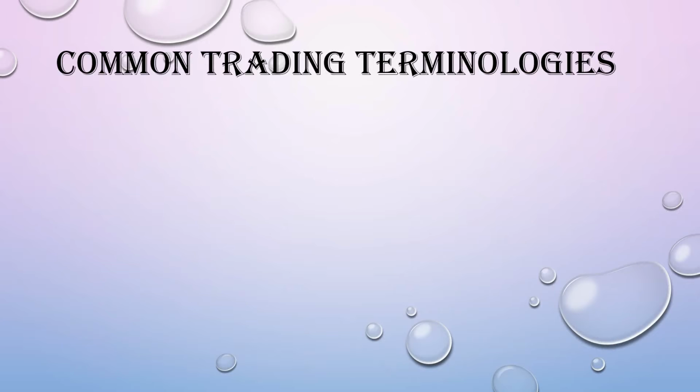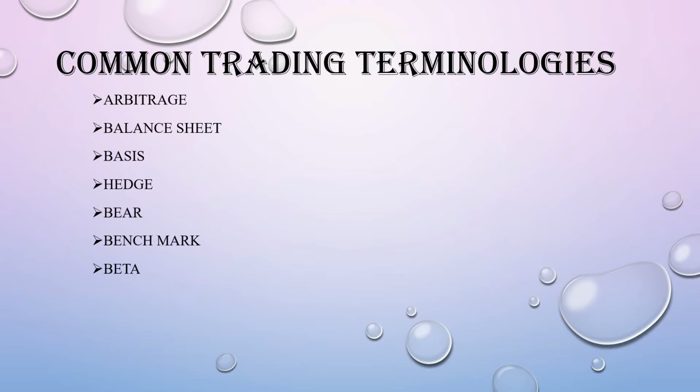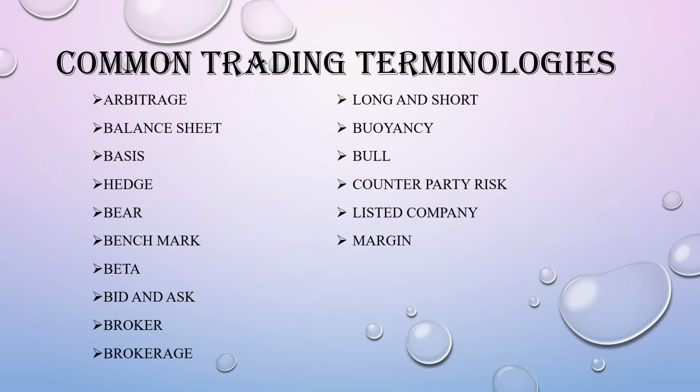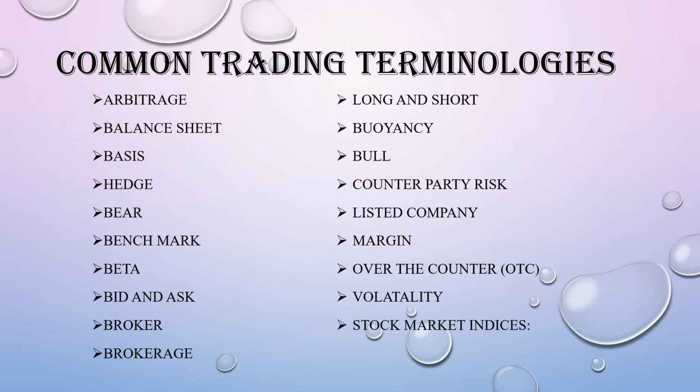Common trading terminologies. There are various trading terminologies such as arbitrage, balance sheet, basis, hedge, bear, benchmark, beta, bid and ask, broker, brokerage, long and short, buoyancy, bull, counterparty risk, listed company, margin, over the counter, volatility, stock market indices.